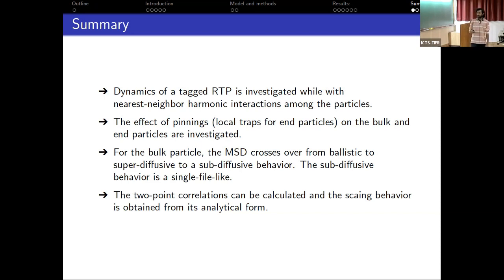We looked at the crossover from a ballistic to a subdiffusive behavior, which follows a superdiffusive behavior, and that may be a little difficult to calculate analytically, the crossover time and the crossover behaviors. The 2-point correlations we have calculated can be obtained exactly using the Green's function method.